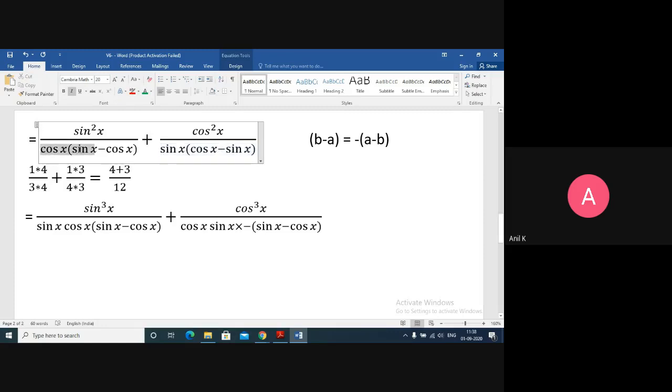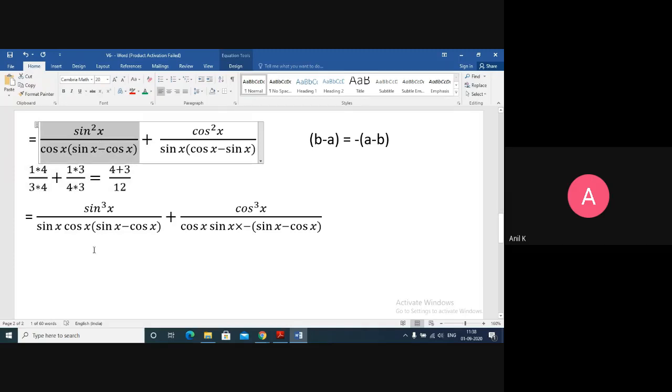When I observe the denominator of the first fraction and the denominator of the second fraction, I found that here I have cos and here I have sine. They are not the same terms. So I multiply the first fraction with sine, because the second fraction's denominator has sine. That means the first fraction's denominator should also have a sine term. That's why I'm multiplying numerator and denominator of the first fraction with sine.